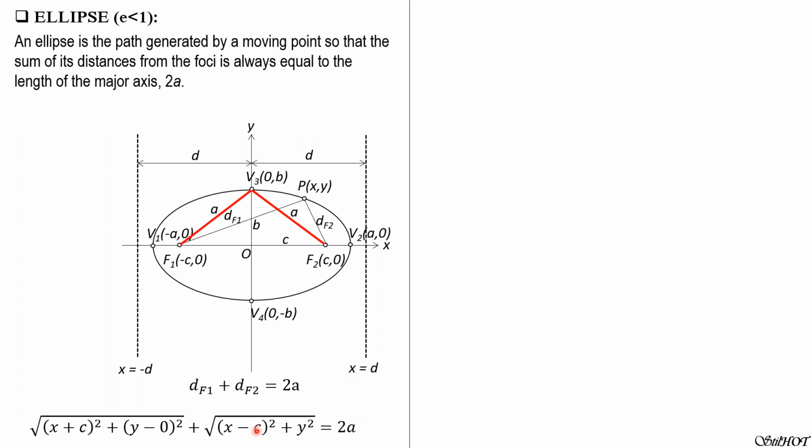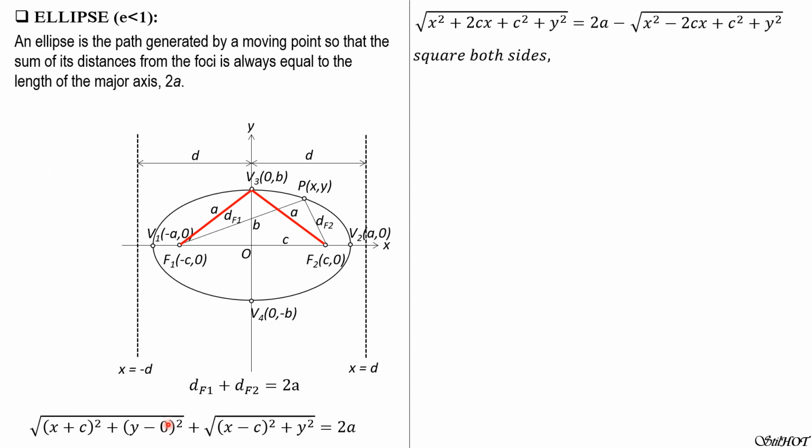So we are going to transpose this to the right and at the same time expand. So the left radical is square root of x squared plus 2cx plus c squared plus y squared equals 2a minus square root of x squared minus 2cx plus c squared plus y squared.